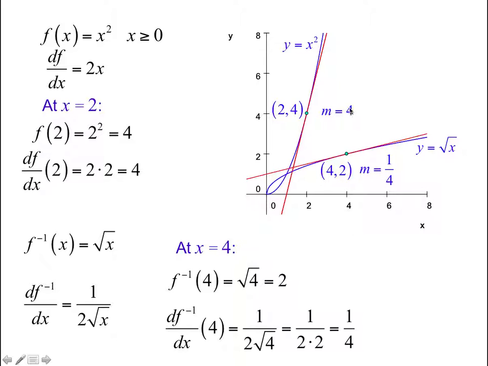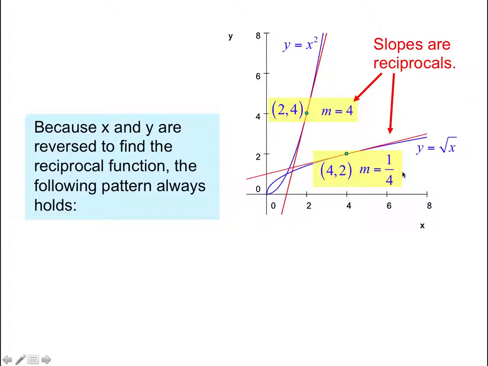And that's really how we can go about finding the derivative of the inverse a little more quickly than all of this solving. So what's the relationship between 4 and 1/4? Well, they happen to be reciprocals of one another. Since inverses are swapping the x's and the y's, we can think of x's and y's as like rises and runs.